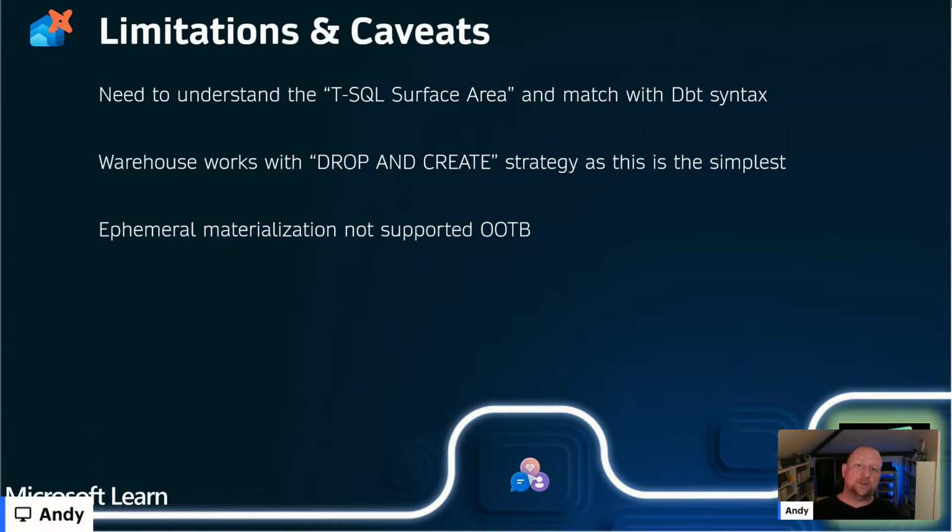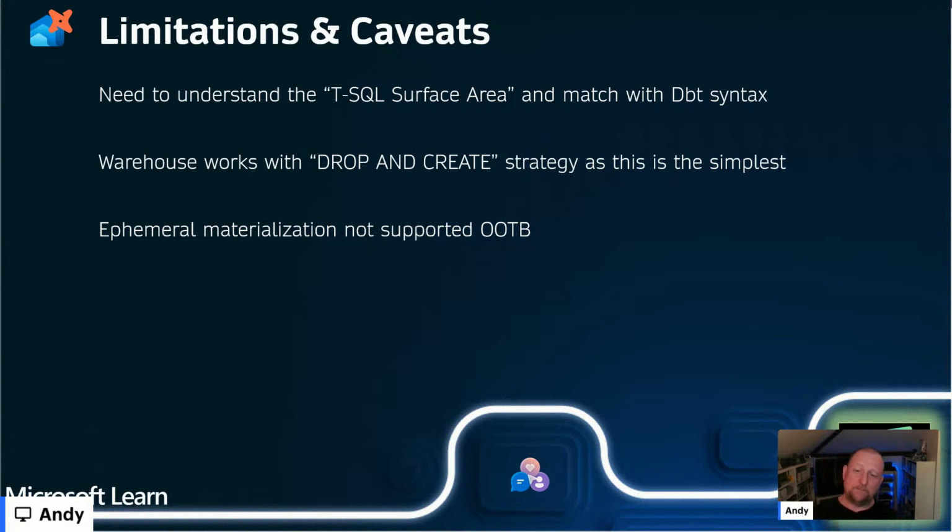There is what's called a materialization. There is a type within DBT called ephemeral. When you use an ephemeral materialization, basically, you're not asking DBT to actually create an object like a view or a table. This is useful if you want to stage and transform data. Now, it's not supported out of the box because Fabric Warehouse at the moment, or until very recently, so I probably should remove this caveat.